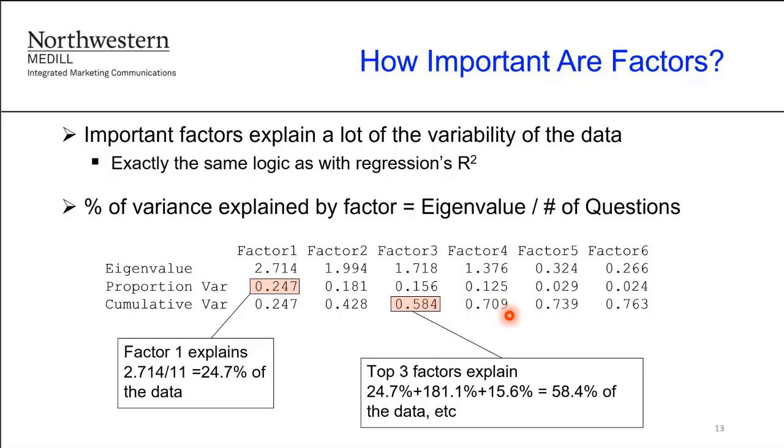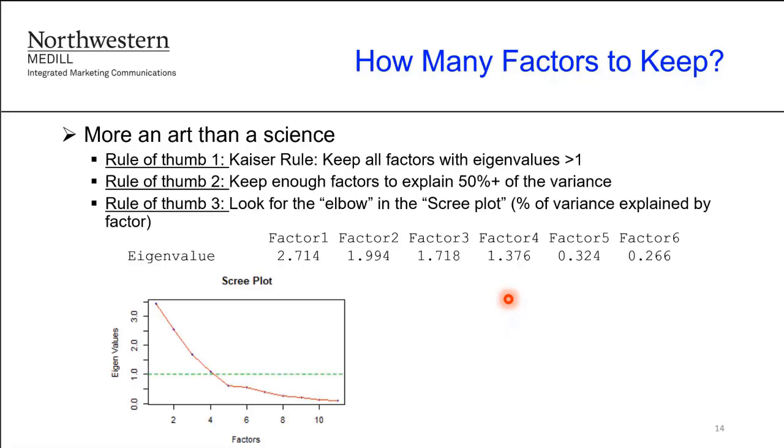After factor 4, the proportion of variance increases very slowly. So based on the second rule, we keep the factors up to 3 or 4. That's the second rule: keep enough factors to explain 50% or more of the variance.